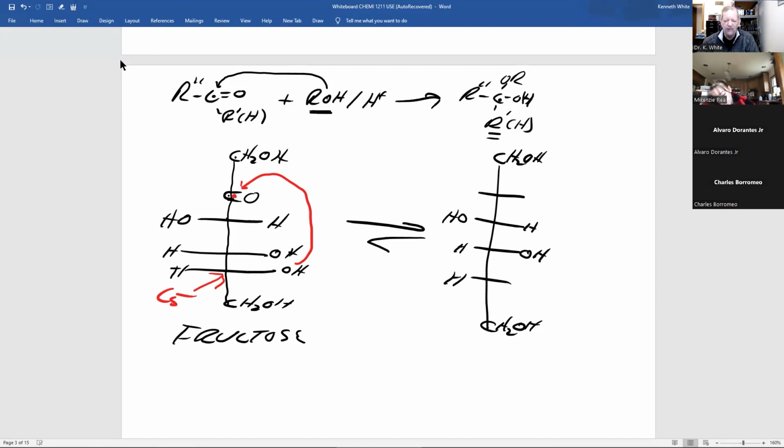All right, what will change is this carbonyl carbon, which is this carbon. And what do we have on there? OH. And then we have the bond to the R group, which is C5, this oxygen. And that's this right here. And this is the cyclic form of fructose.